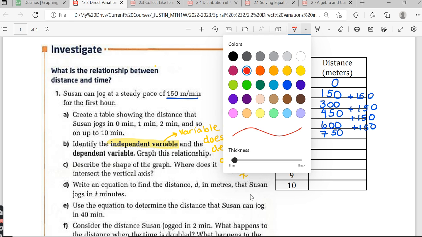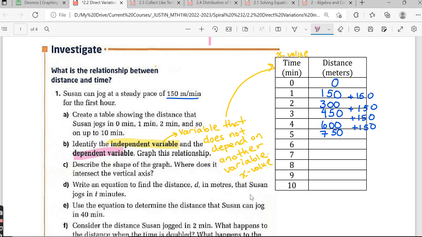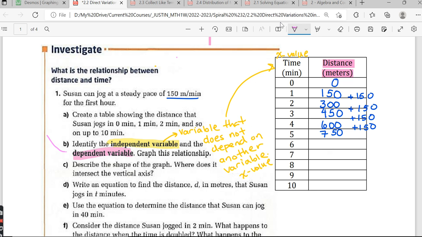Okay. Let's look at the dependent variable then. So the dependent variable in this case will indeed be distance. Okay. So it is the variable that does depend on the value of the independent variable.